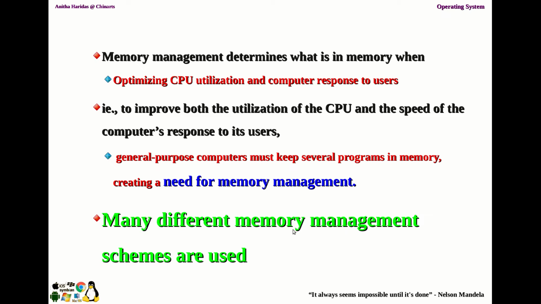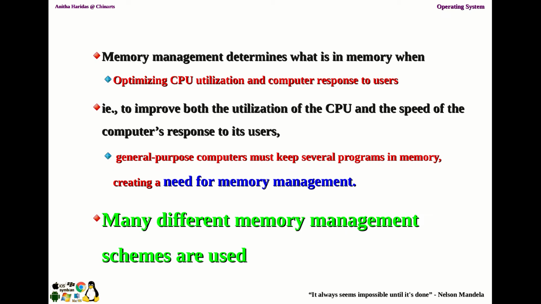So many different memory management schemes are used for this memory management, and different schemes are available, and all these schemes we will be discussing in detail in the third module. Okay, so the point to be noted here is, if you want to have improved utilization of the CPU, then the computer system must have more than one program in the primary memory.